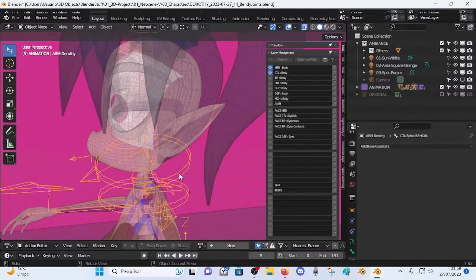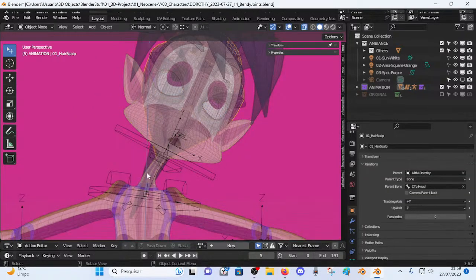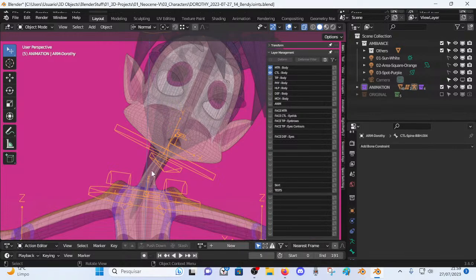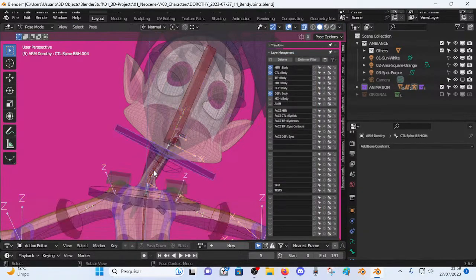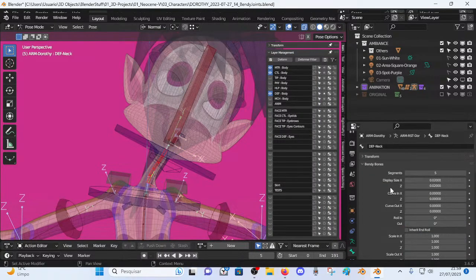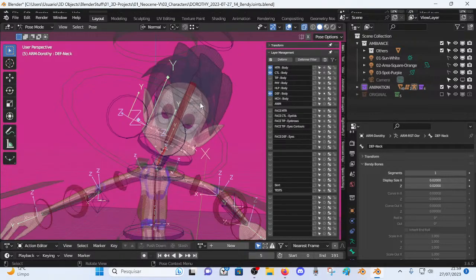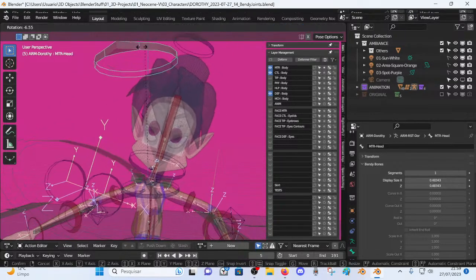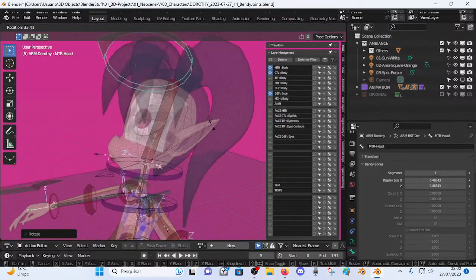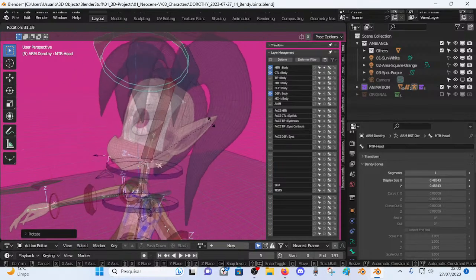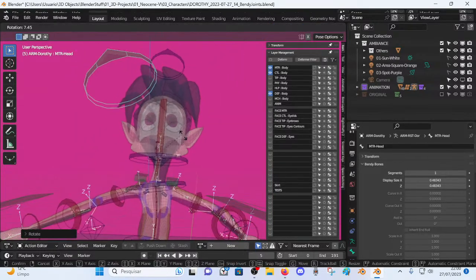The real problem here, I can take off the bendy bones. Yeah, there's a bendy bone there, the form one, and I can actually remove its segments, so the neck stops behaving that crazy. It's very hard to control that, and if I have just this one segment, it does stretch, it does some stuff, but it doesn't get that strange behavior.